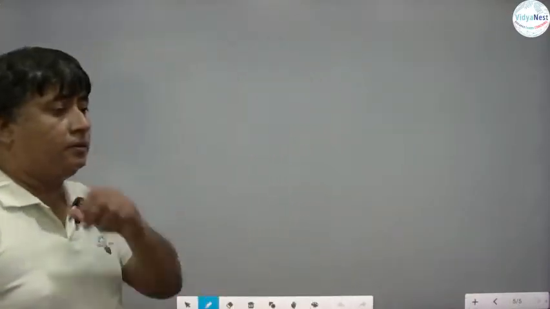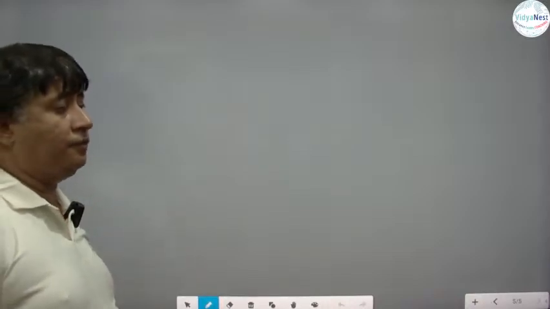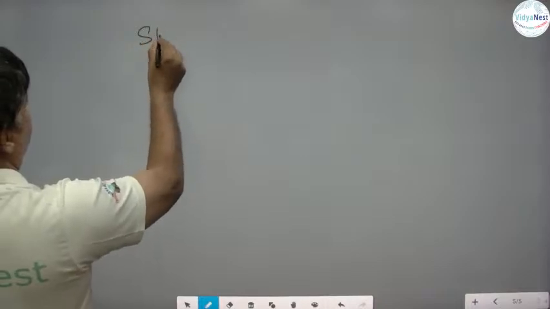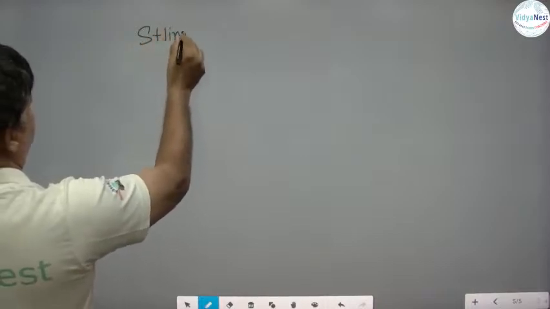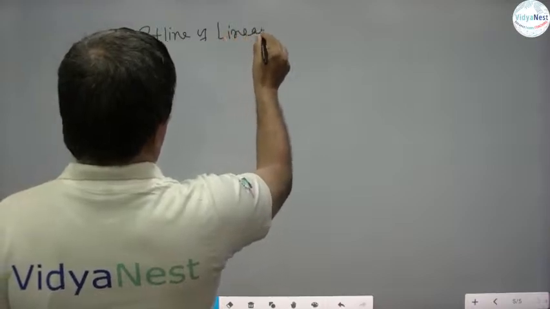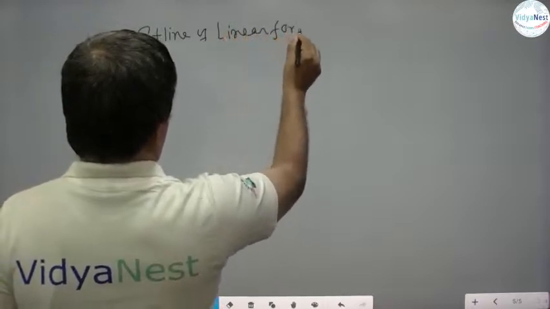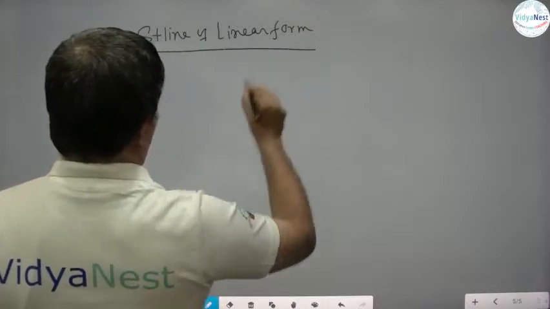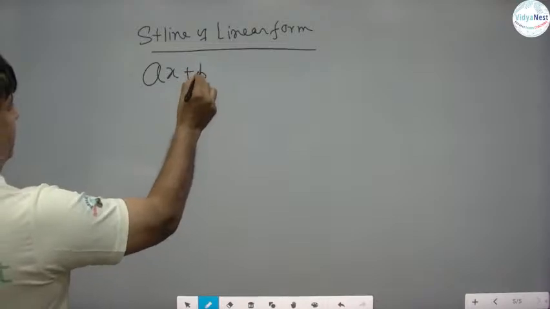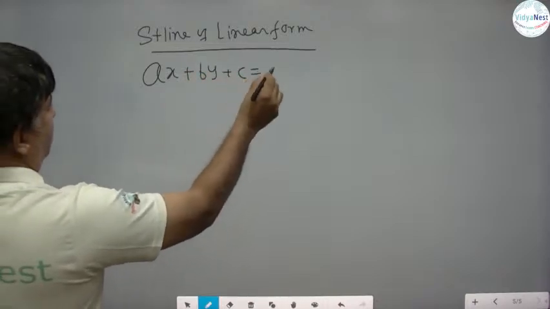Now, the straight line of linear form, that is ax plus by plus c is equal to 0.